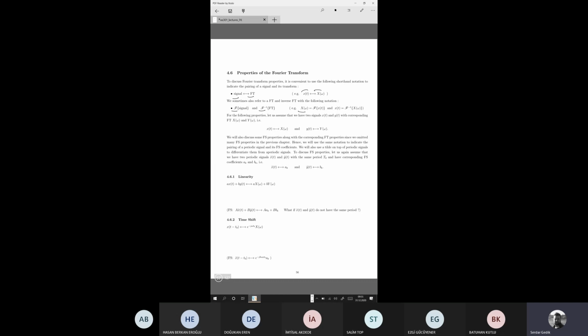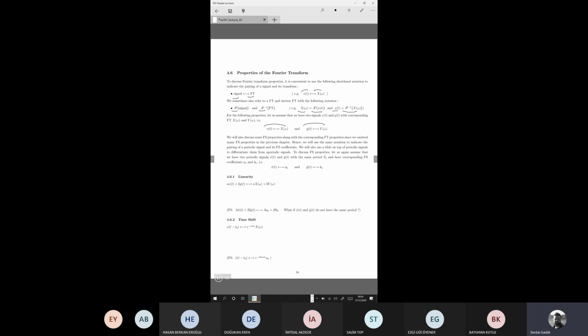It means that x of omega is the Fourier transform of x of t, and x of t is obtained by the inverse Fourier transform of x of omega. If I have more than one signal, I have x of t, x of omega, y of t, y of omega. So quite simple. And also we will compare the properties with those of the Fourier series expansion.